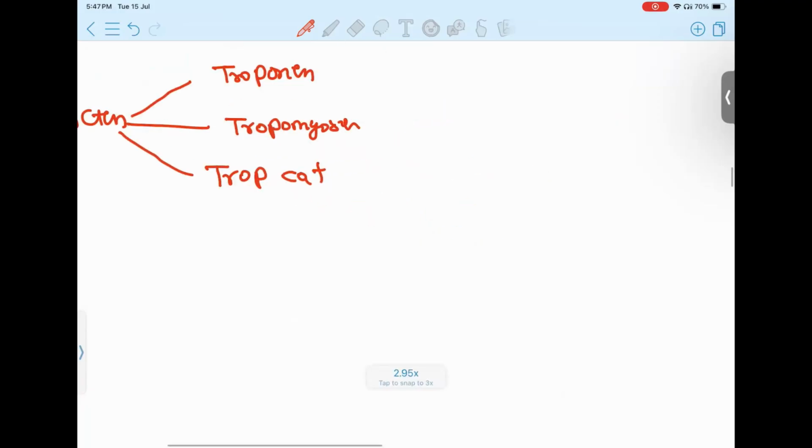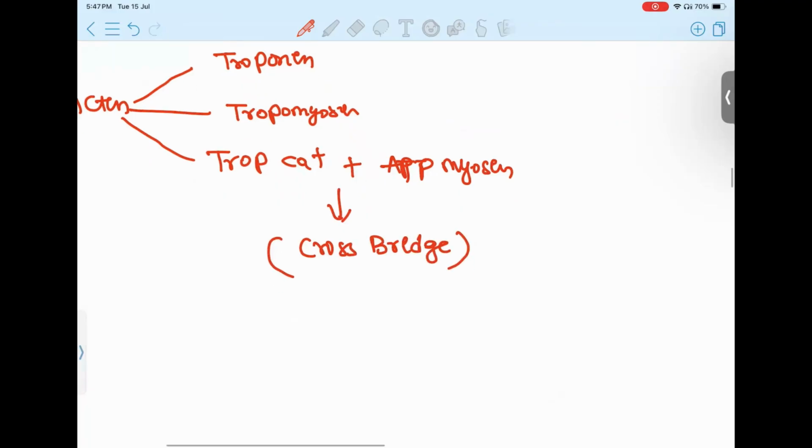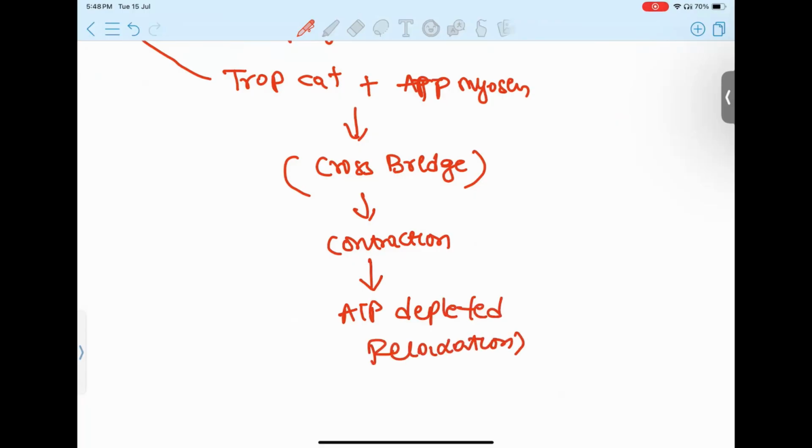So the calcium and the ATP of the myosin will be attached. This will form the cross bridge phenomenon. Cross bridge or the sliding will be seen here, so further it will cause the contraction of the muscle. Once the ATP is depleted, this will cause the relaxation of the muscle.